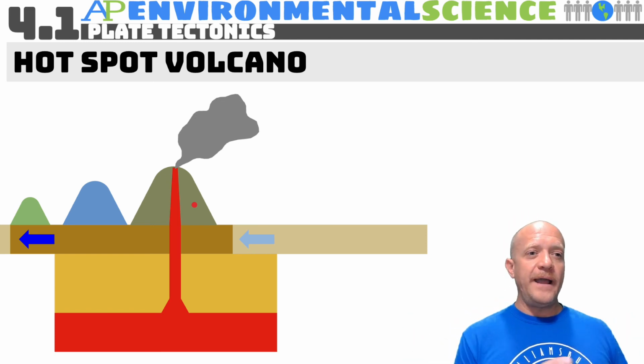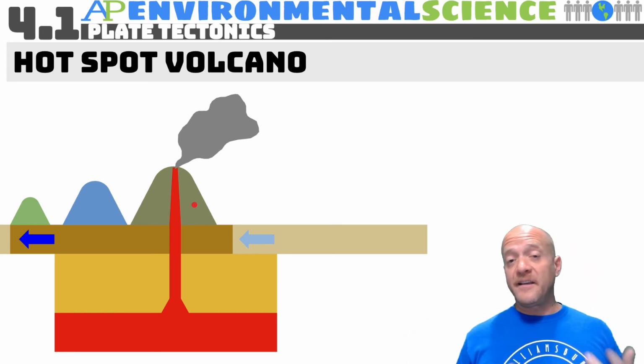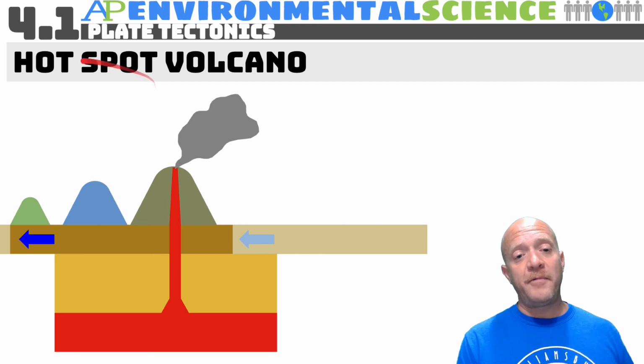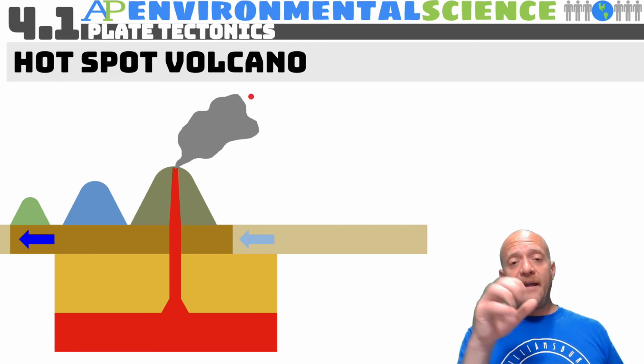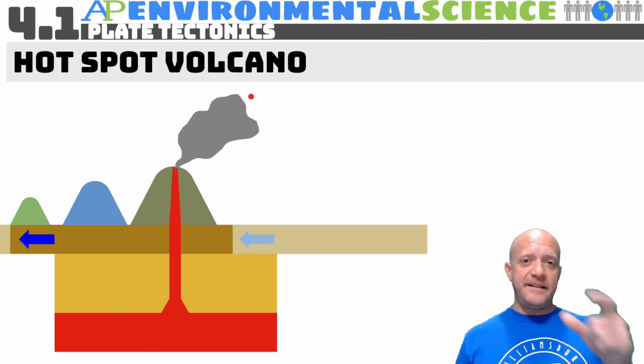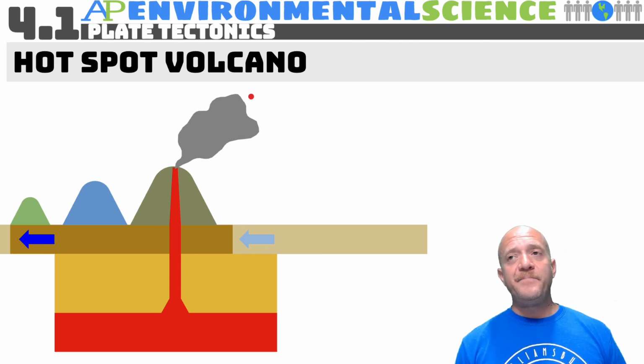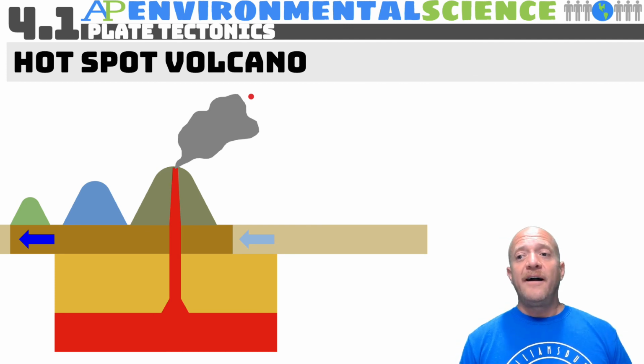If you look at the Hawaiian Islands, they go in a string. The Galapagos Islands are another area with hotspot volcanism, like a chain. The Aleutian Islands at the tip of Alaska are another spot where we have hotspots, and also the Canary Islands off the coast of Africa.